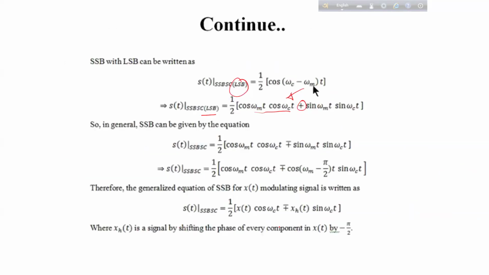So we write plus minus in the general equation: cos omega mt cos omega ct plus minus, and instead of sin omega mt, we can write cos omega m minus pi by 2 t sin omega ct.